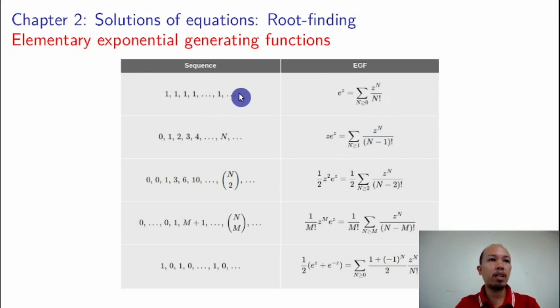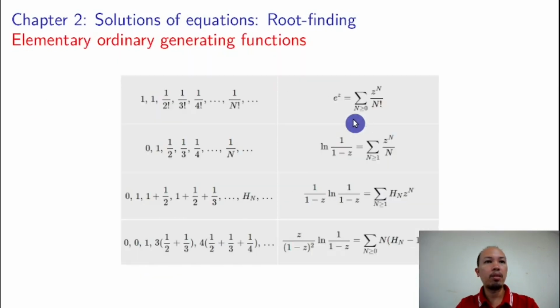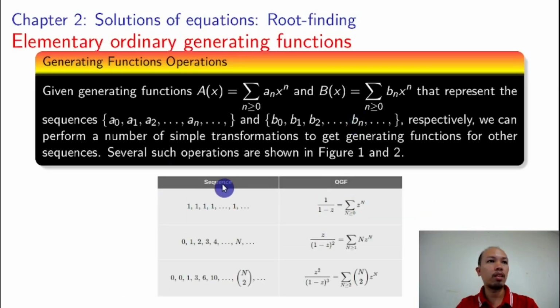As you have noticed, we have the sequence 111. The generating function is this form, but if you look at our previous discussion, we have this one here. This is just like the geometric power series, I don't know if you recall.